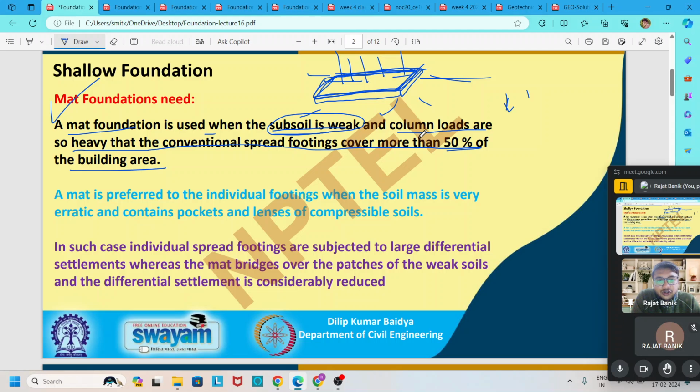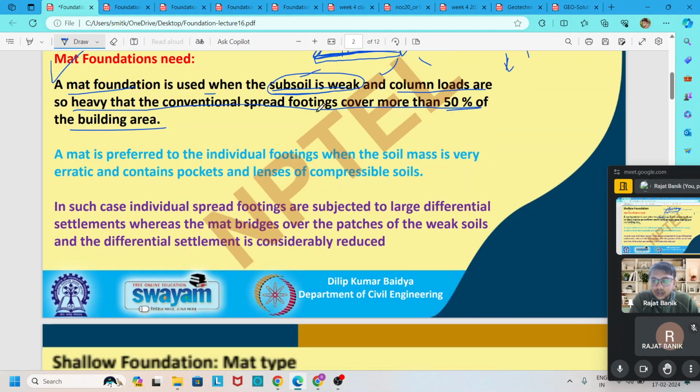If the area of the spread footings is more than 50% of the building area, then it is better to construct a mat foundation. On the mat foundation, all the columns are constructed, so there is no gap in between.